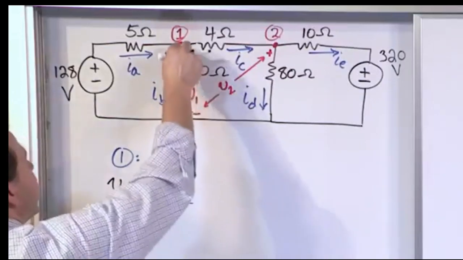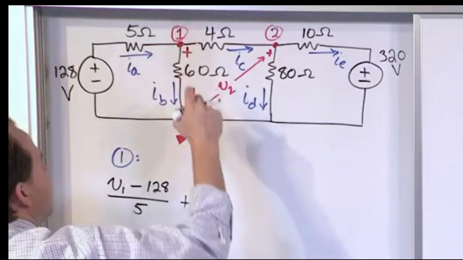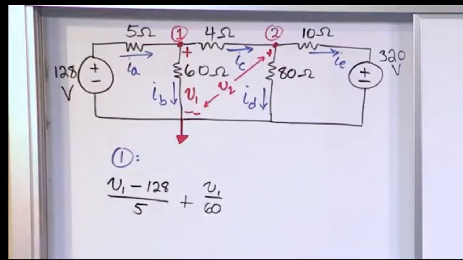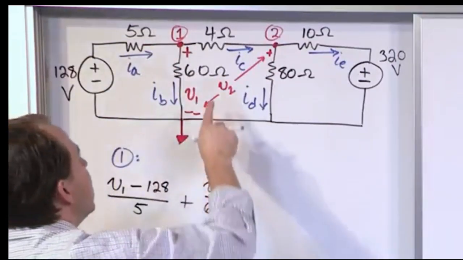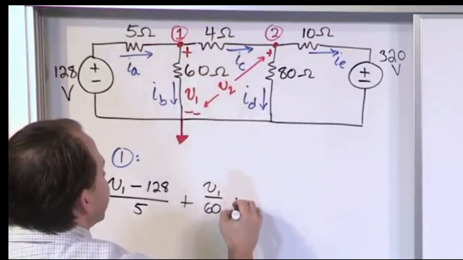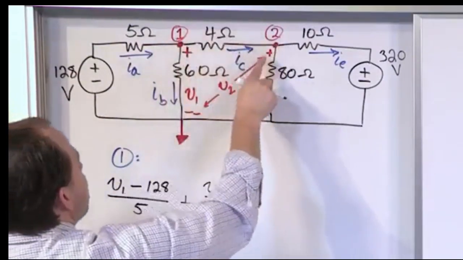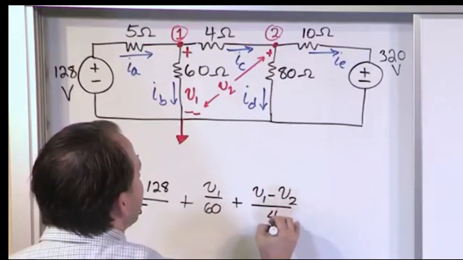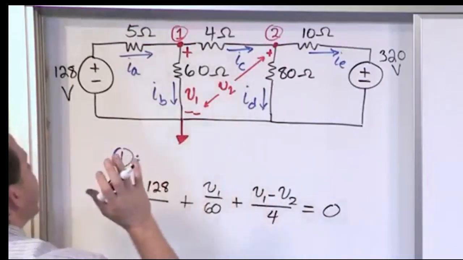Plus, the current going through this leg is simply V1 over 60, because that's the voltage across that resistor. The current going through here is simply V1 minus V2 over 4. And this whole thing's equal to 0. We've got everything covered.